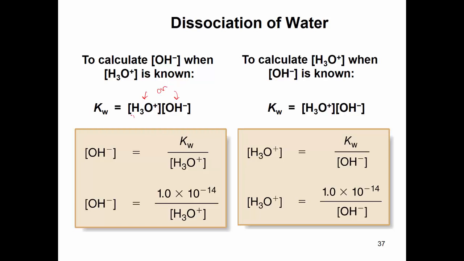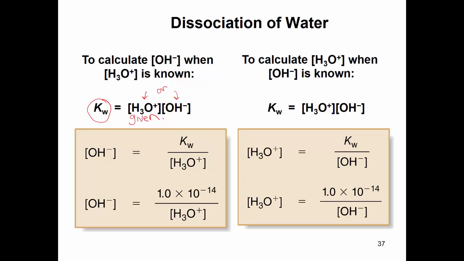So if we were given this concentration, we have three different variables. Kw, well, it's a constant, but three different things here: Kw, hydronium, hydroxide. If we know two of the three, and we always know this, then we can solve for the other.